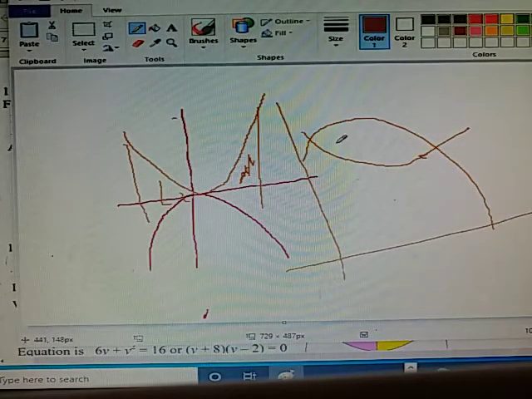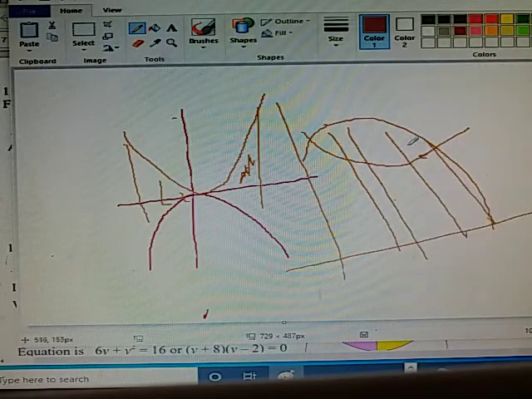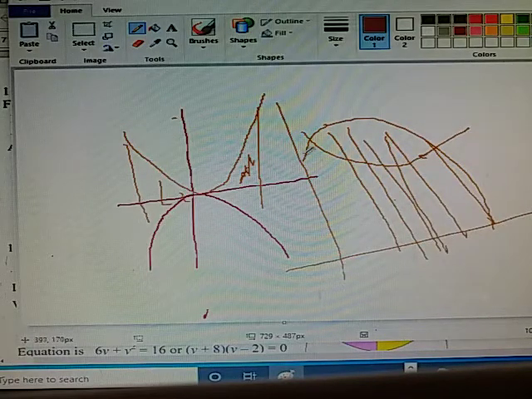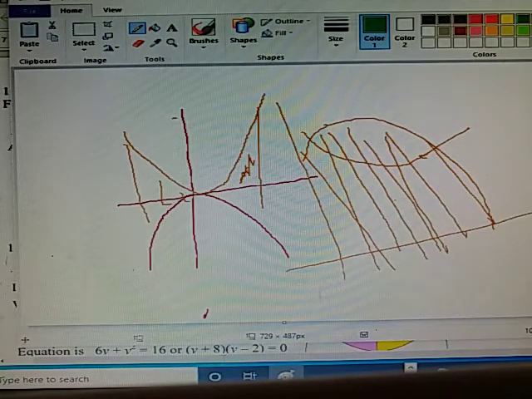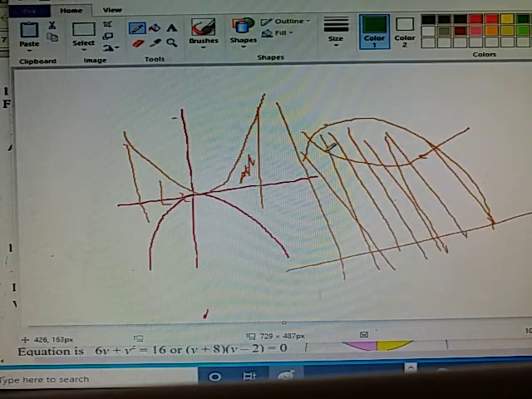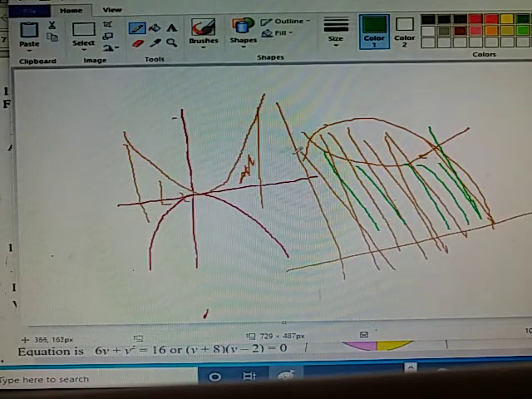So bounded by this curve means we first find this area, and then subtract this area. So integration of f(x) minus integration of g(x).